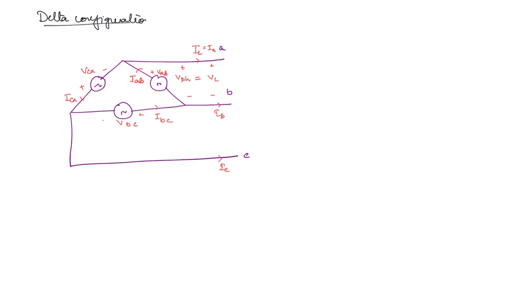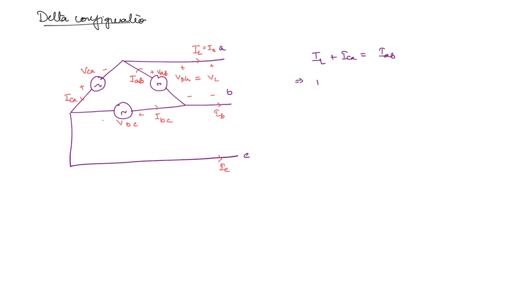Now if you apply the KCL at each node, then you're going to get a relationship between the line currents and the phase currents. So we will apply for one equation. If you apply at this node, at node A, then what will you get? IA is flowing out of the node, ICA is also flowing out of the node, but IAB is flowing into the node.